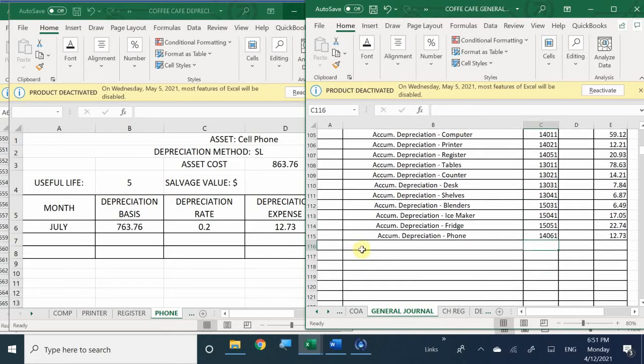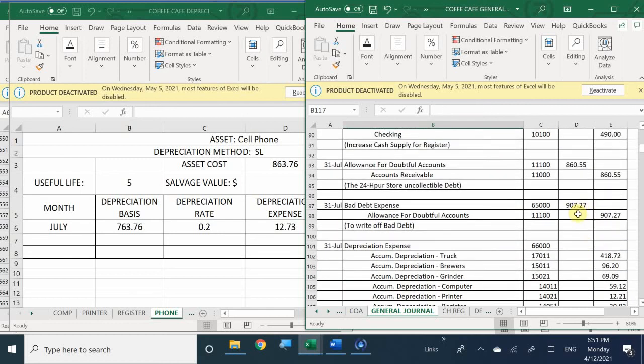So here I'm going to wrap up my journal saying that this was depreciation for July. Okay. So once again, I'm just going to go ahead and equal sum this because this should equal my depreciation expense.